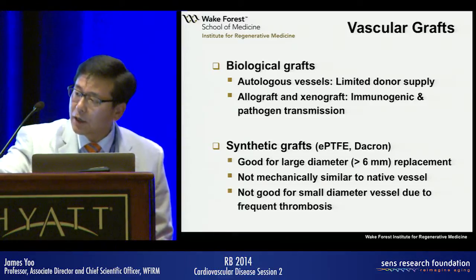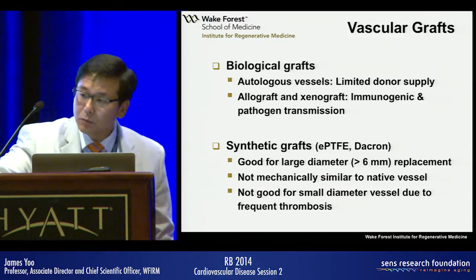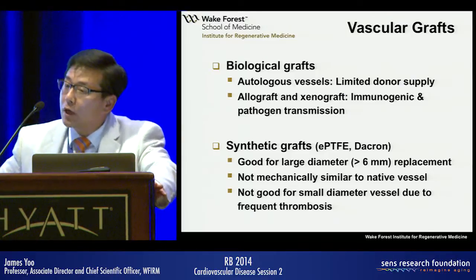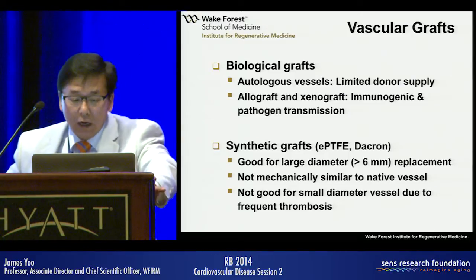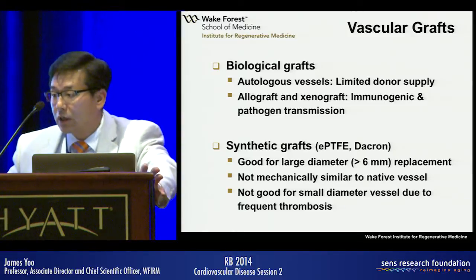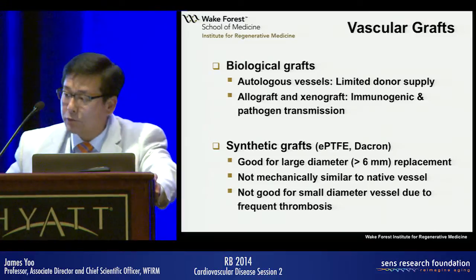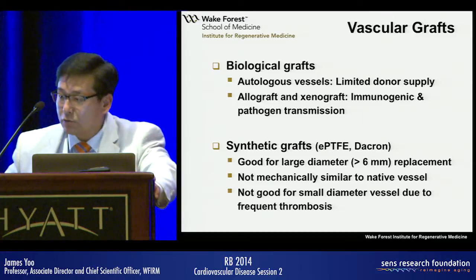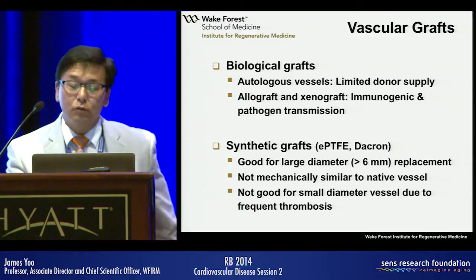On the other side, people have used synthetic grafts, which proved to be pretty good in large diameter vessels. However, for smaller diameter vessels, those synthetic grafts are not suitable.